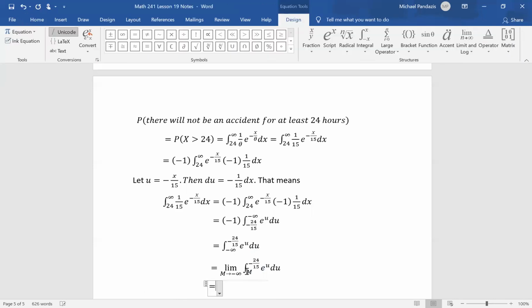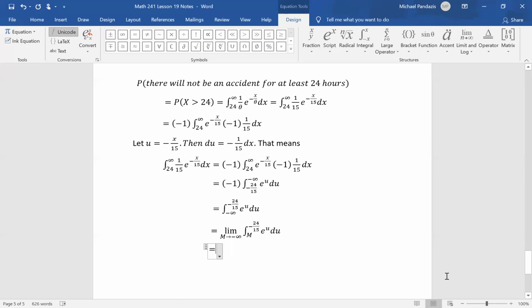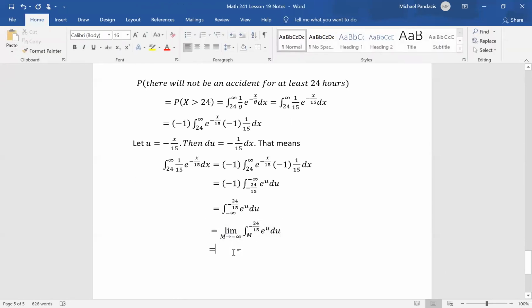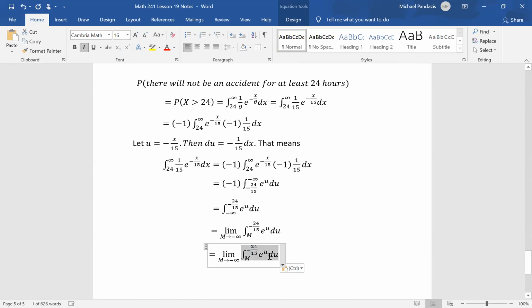So I'm going to calculate this integral, and it's e to the u evaluated from M to negative 24 over 15.